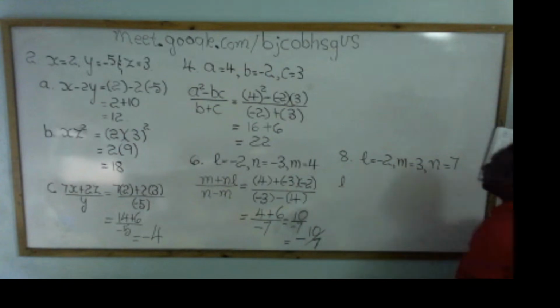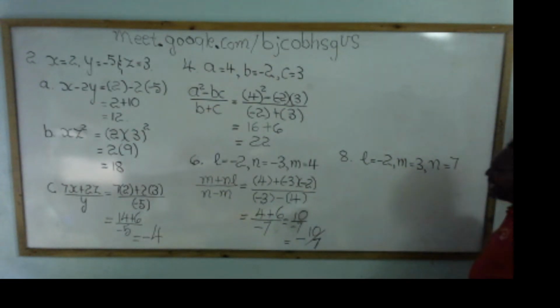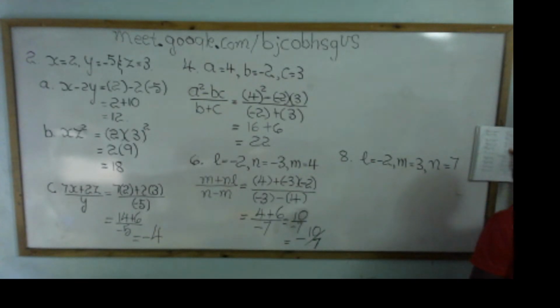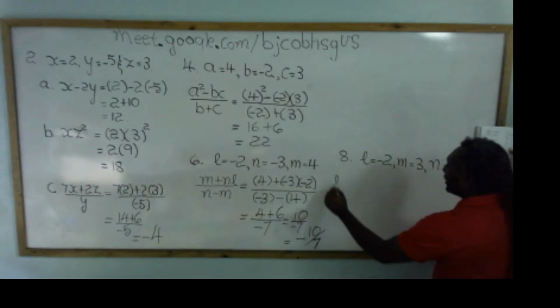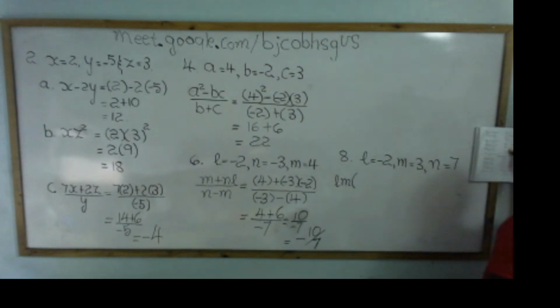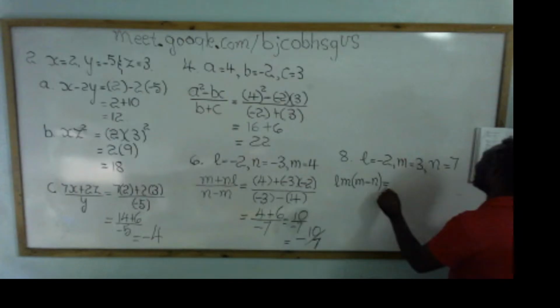I'm going to write it wide, at least initially. So we're going to have Lm, open bracket, m minus n. What is that equal to?